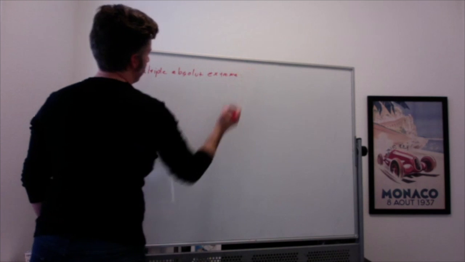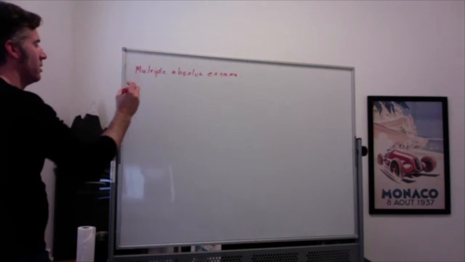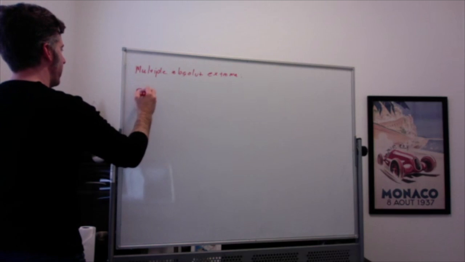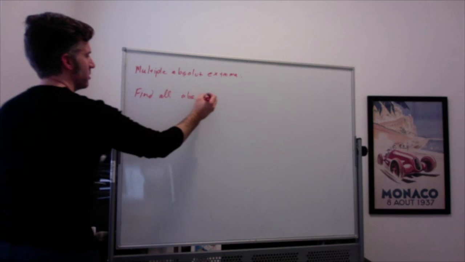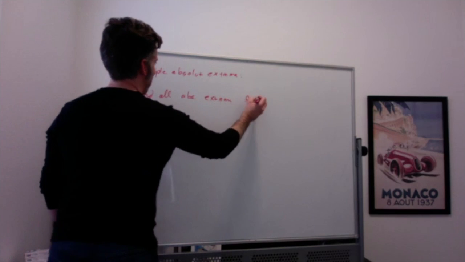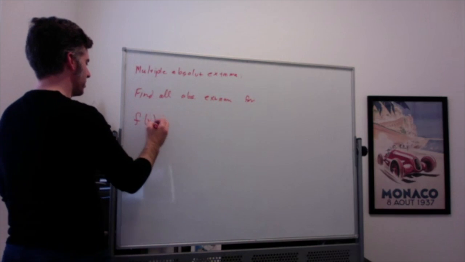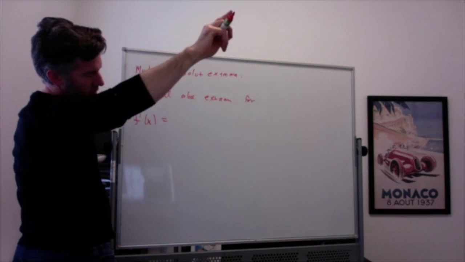And I can think of two good examples of this. So the first one is, I want to find all absolute extrema for f of x equal to, oh, what's that function I like to use sometimes?